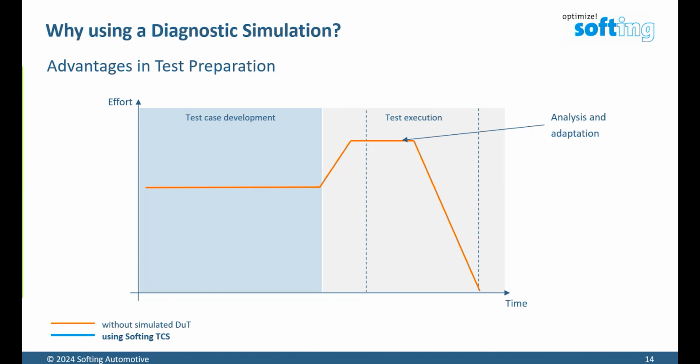That's possibility number 2. If you take the TCS, you may have a little bit more effort for the simulation creation, but most of the time it's done automatically. You put a trace file or ODX file into the TCS, and it automatically generates the simulation files out of this.